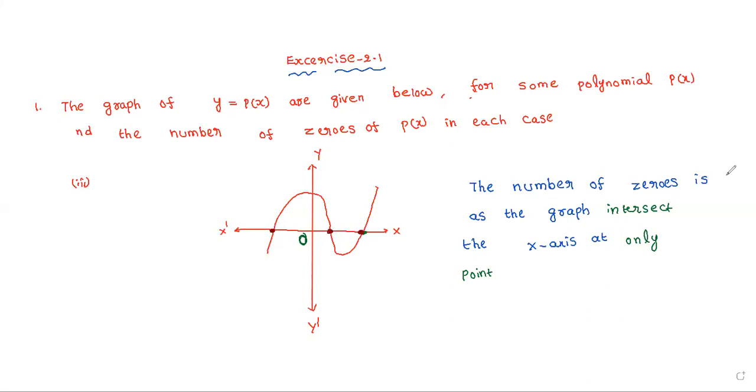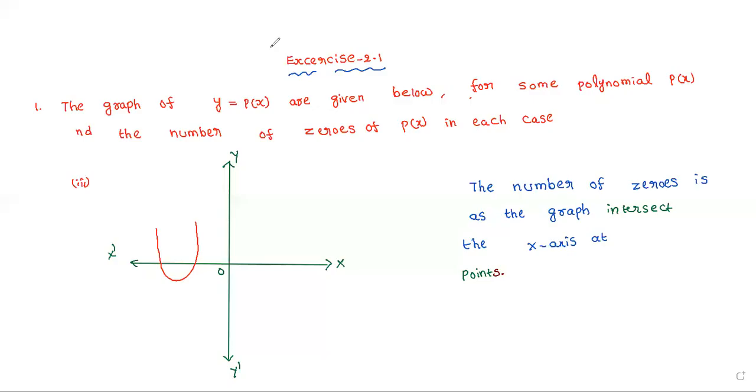Okay, the number of zeros is 3, as the graph intersects the x-axis at 3 points. Okay na? So please observe the x-axis intersects at 3 points: the A point, B point, C point. So the number of zeros is 3. Write down.